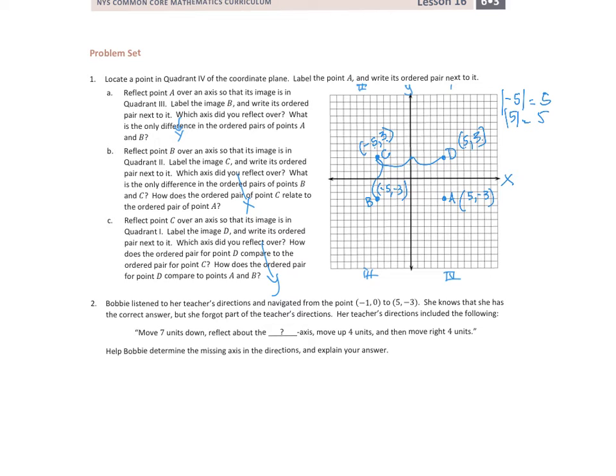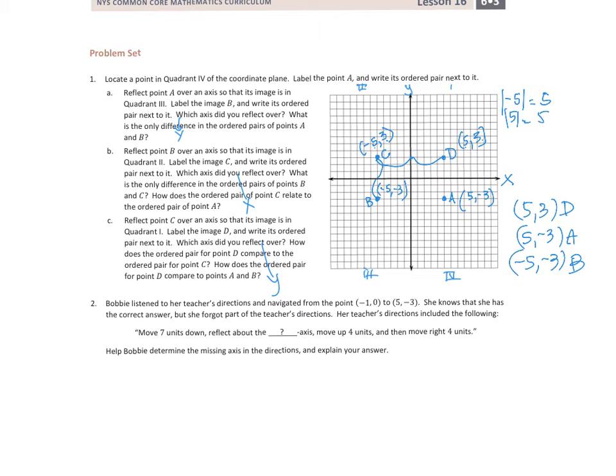How does the ordered pair for point D compare to both A, boom, right here, and B? So I've got 5, 3, and I'm comparing that to 5, negative 3, which is A. This is D. And then B is negative 5, negative 3. So I'm just going to shut the door for a sec.